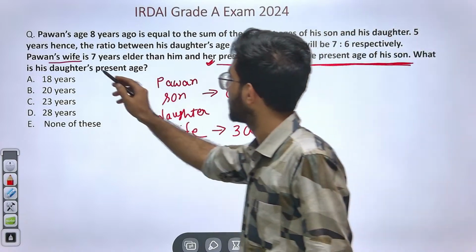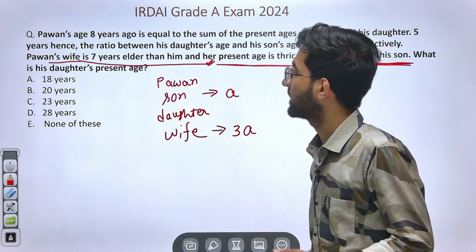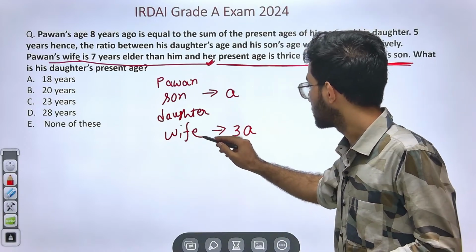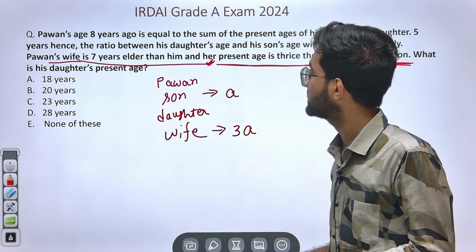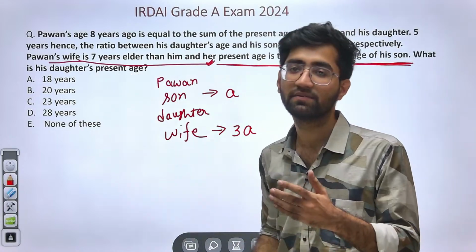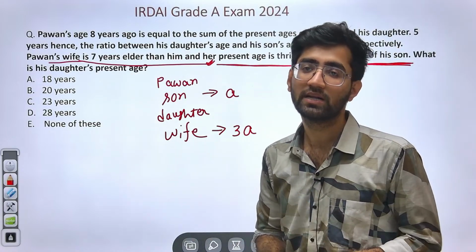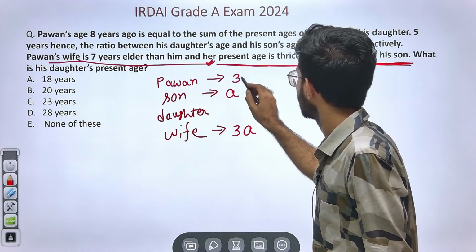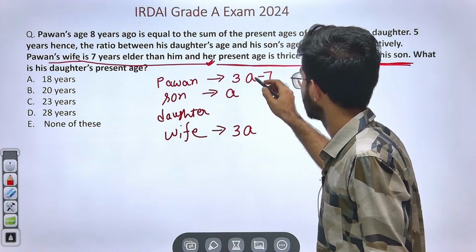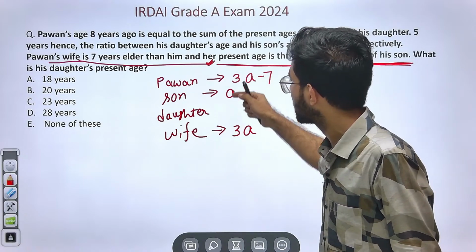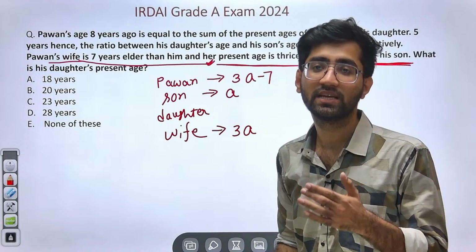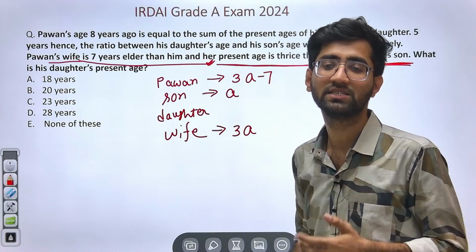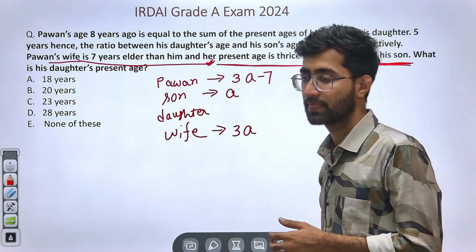Pawan's wife is 7 years elder than him. So we know that the age of Pawan's wife is 3A and she is 7 years elder than him. What does it mean? It means that Pawan's present age is 3A minus 7. See, we are trying to write the present ages of Pawan, Pawan's wife, Pawan's son and his daughter.